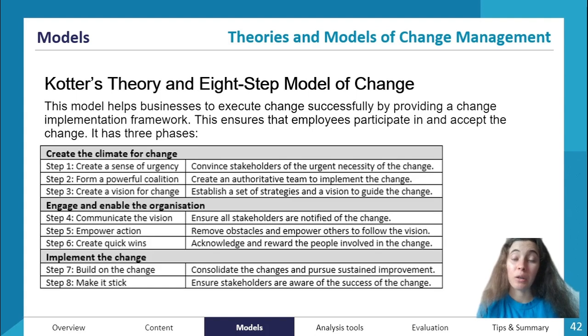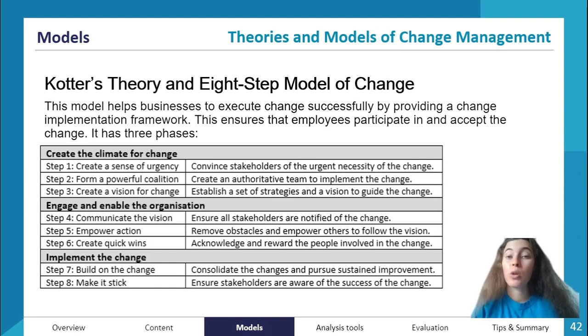Then we've got that idea of a vision for change that we just discussed, establishing that set of strategies and that vision of where the business will be as a result of the change. And once you've got that climate for change, those base things in place, you then look at engaging and enabling the organization.